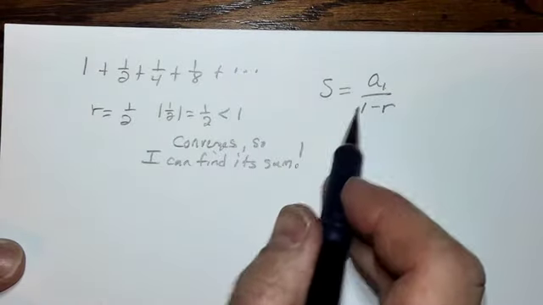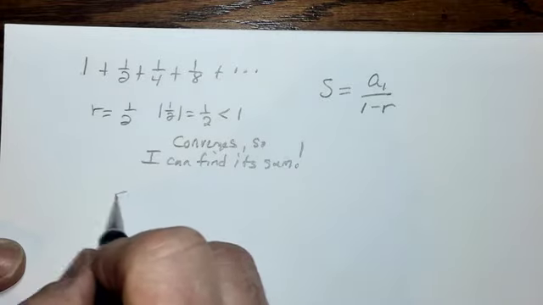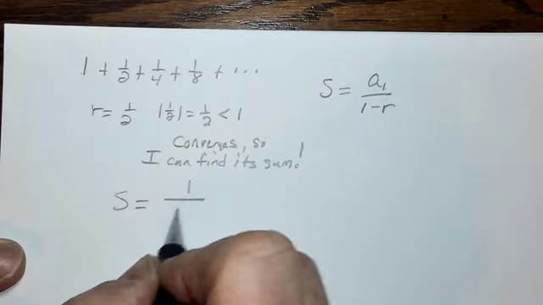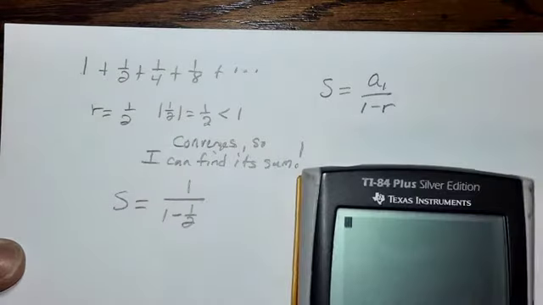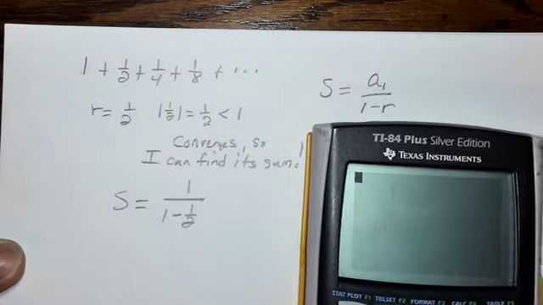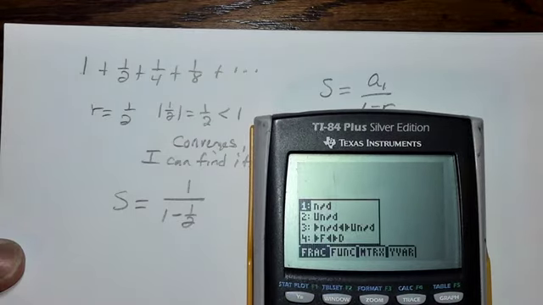Then it's a matter of just plugging in here. A1 is 1, r is 1/2. So S is going to be 1 over 1 minus 1/2. And again, you just take your calculator. We're just going to make a fraction.